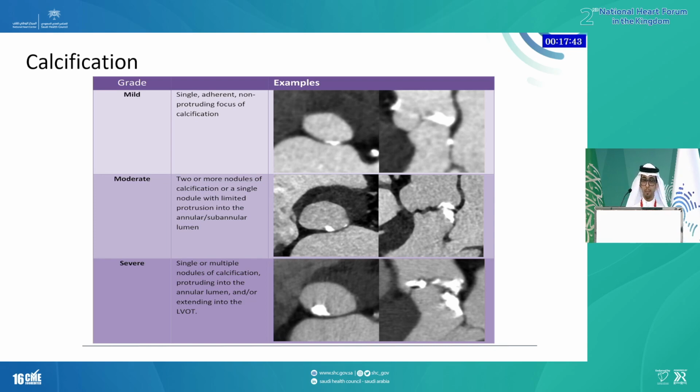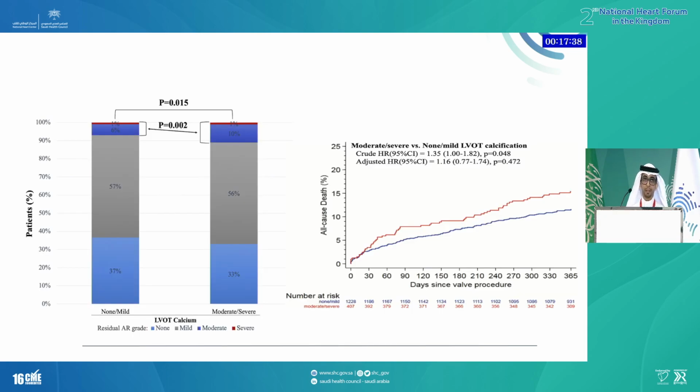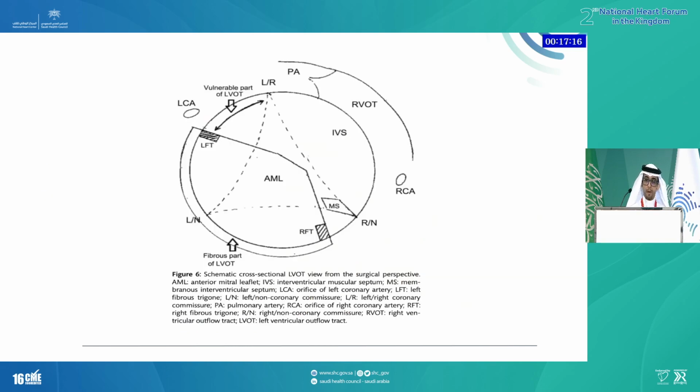Because we found that moderate to severe calcification is associated with complications and poor outcome, in the form of more moderate to severe paravalvular leak, also annular rupture, need for valve-in-valve as bailout, and all-cause death. The annular rupture is catastrophic, and in-hospital death is about 60%.